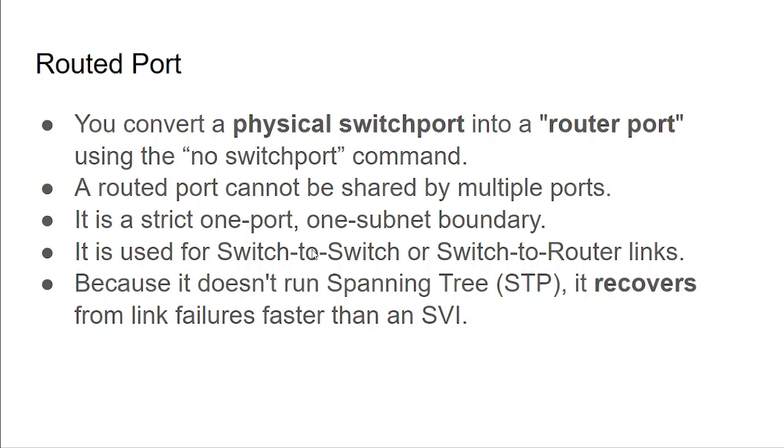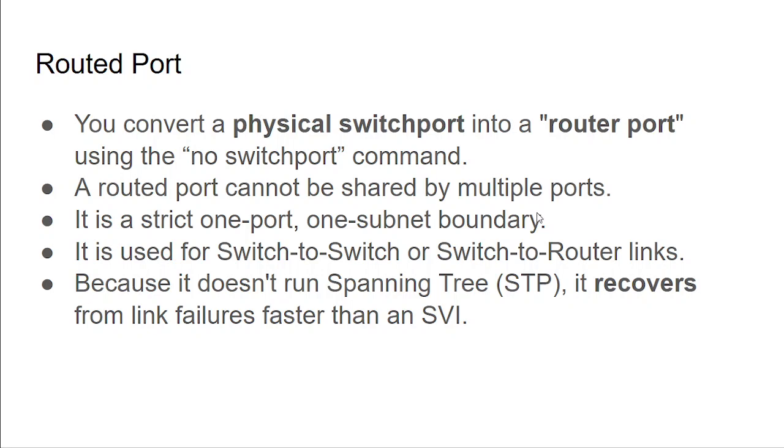Finally, the last way, which is the routed port method for doing inter-VLAN communication, you basically need to convert a physical switch port into a router port. This can be done by running the no switchport command. A routed port can't be shared by multiple ports.